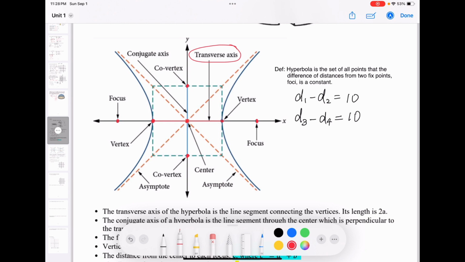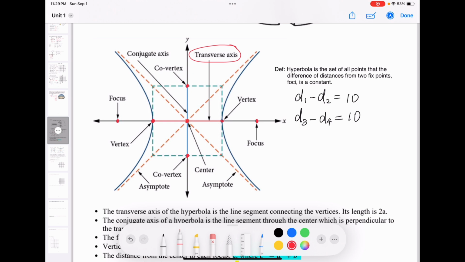Another definition is asymptotes. Every hyperbola has two asymptotes. The asymptotes are the straight lines that the hyperbola approaches.